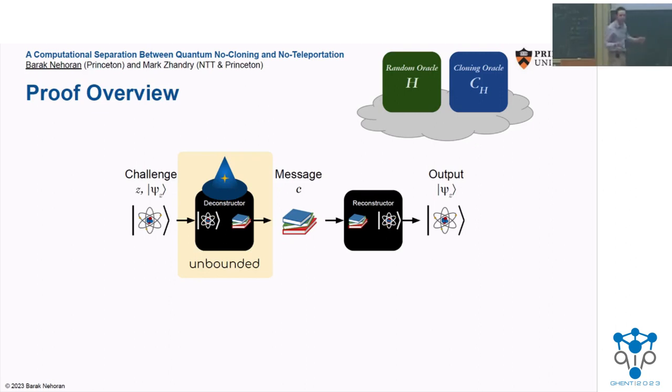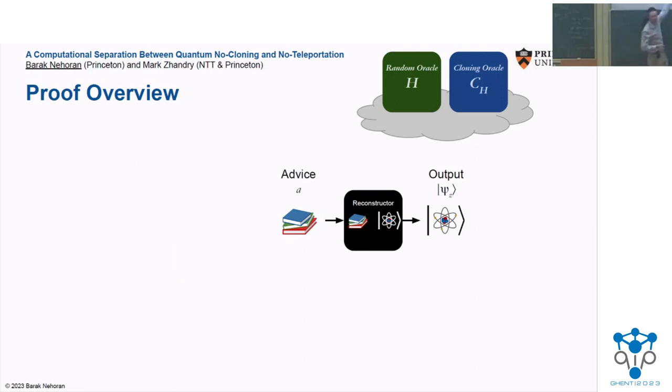Because it simplifies the format of what we need to prove, because this unbounded deconstruction can just be abstracted to an advice string that's given to the reconstruction process. And so now we have something that's in a slightly easier format.